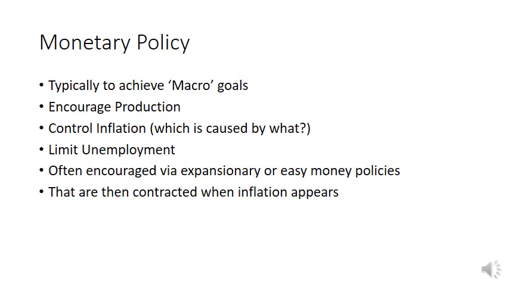These types of policies they're conducting, these monetary policies, are done to achieve goals with an eye towards the entire economy. These goals are threefold: encourage production, control inflation, keeping in mind that inflation is always and everywhere a monetary problem, and to limit unemployment.